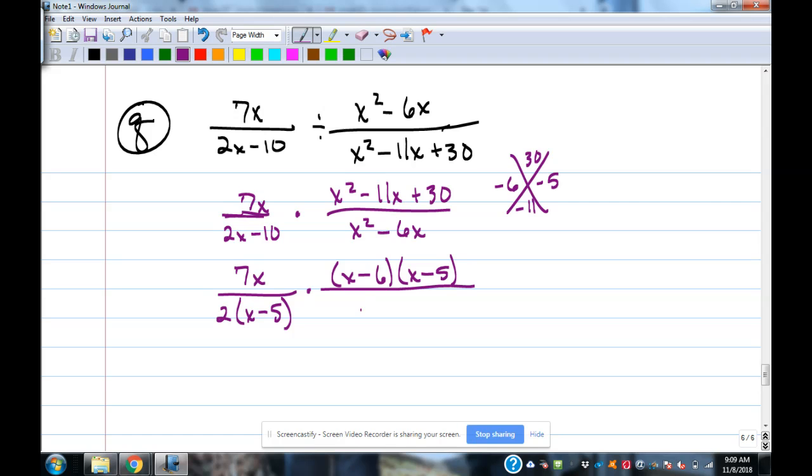GCF of x, leave in what in parentheses? X minus 6. Once you've got everything factored, start canceling things. Vertically, diagonally. Okay. What cancels here? X minus 6 is vertically there. We got x minus 5. And this x cancels that x, leaving us 7 over 2.